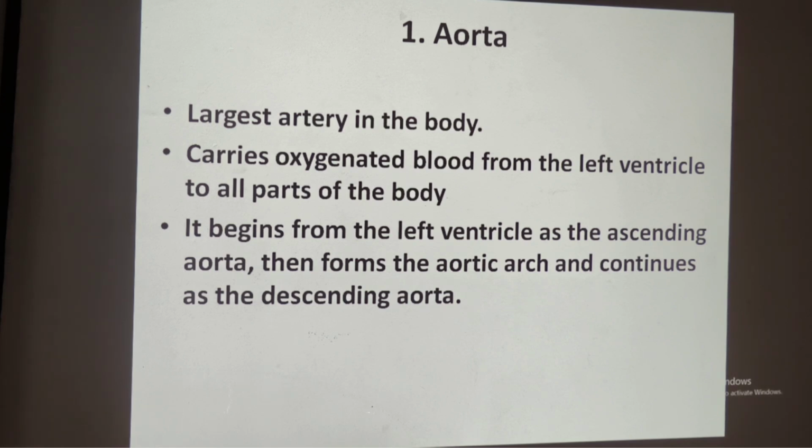As we know very well, it's the largest artery in the body. It carries oxygenated blood from the left ventricle to all parts of the body, and it begins from the left ventricle as the ascending aorta, then forms the aortic arch and continues as the descending aorta.